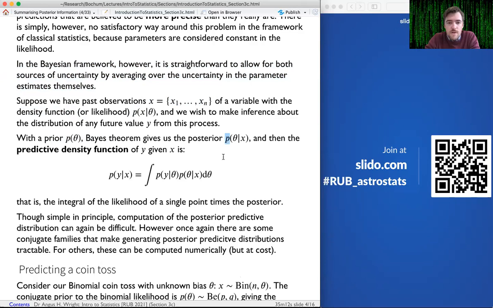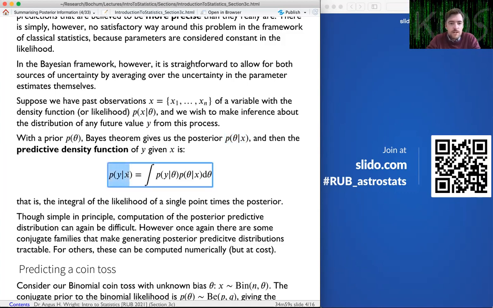Now that posterior, we've discussed somewhat at length. What we're going to talk about now is how we can take that posterior and generate what's called the predictive distribution function of new data y given observed data x.